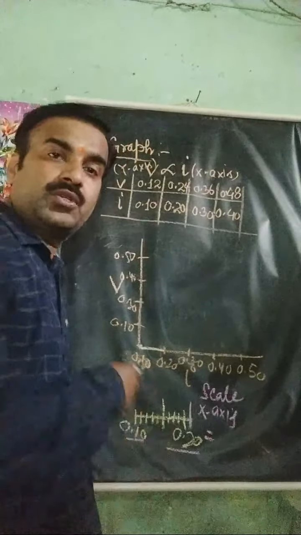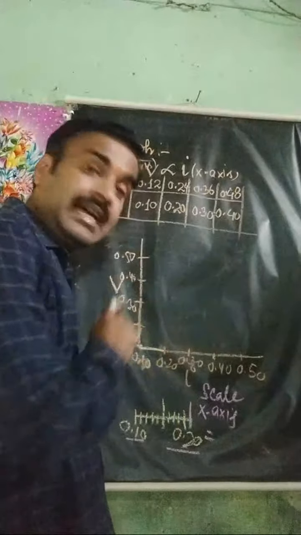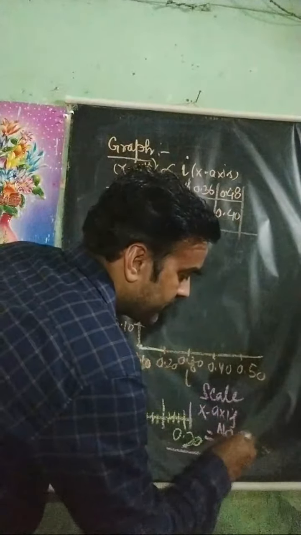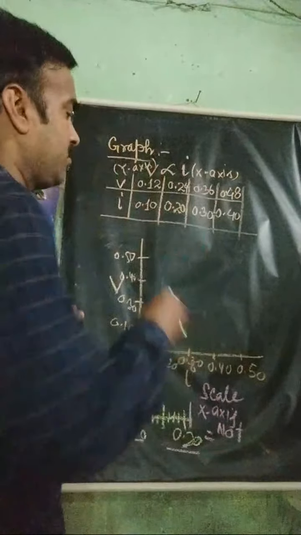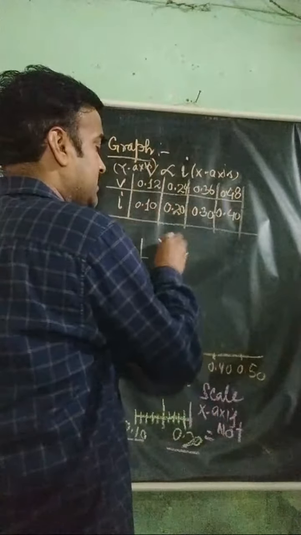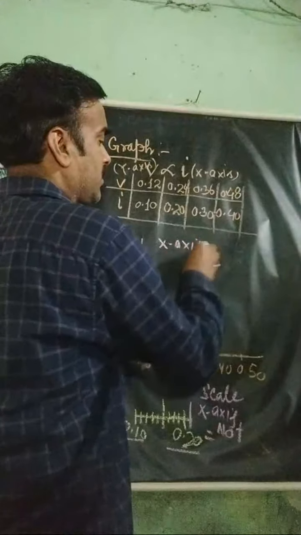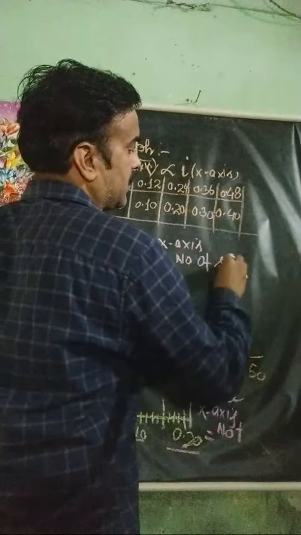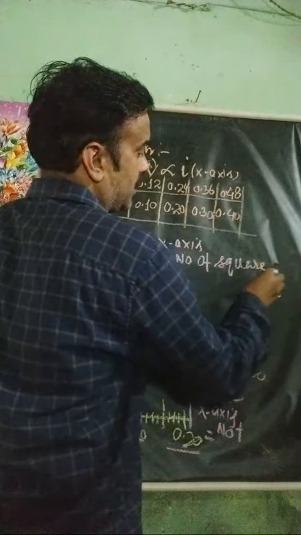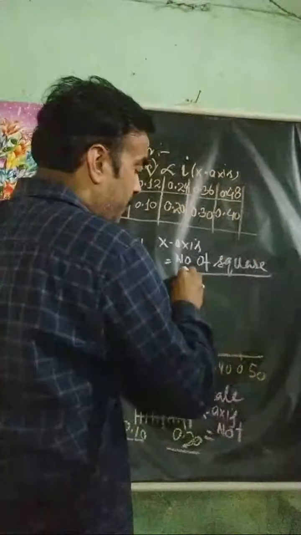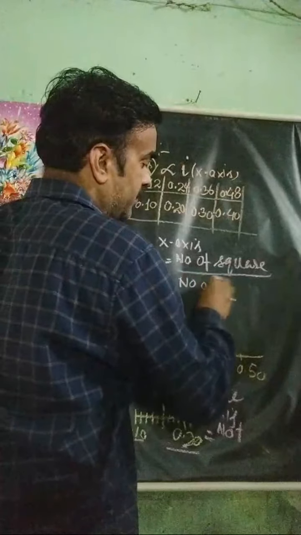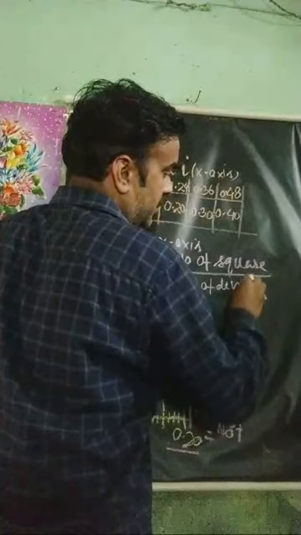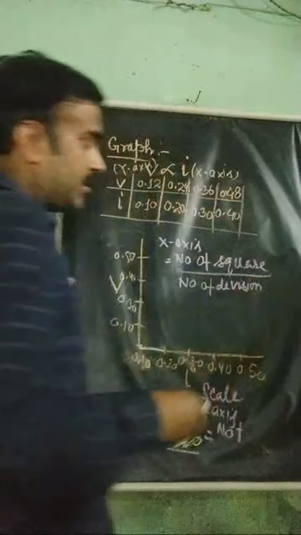Suppose you are going to choose the x axis, then the x axis scale equals the number of squares available upon the number of divisions.